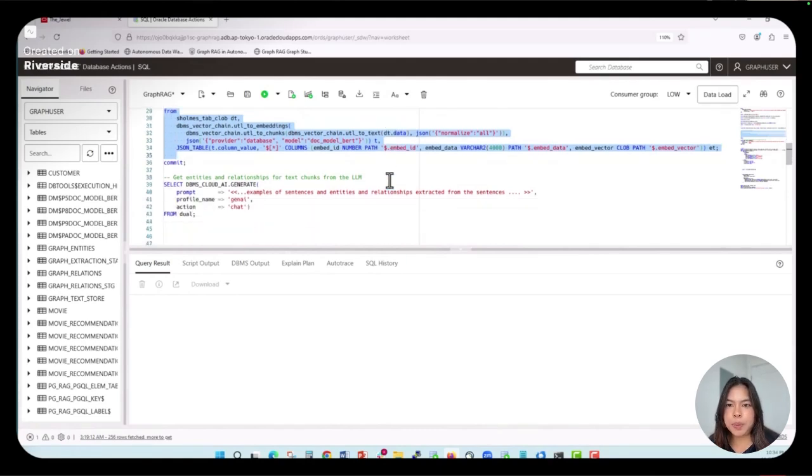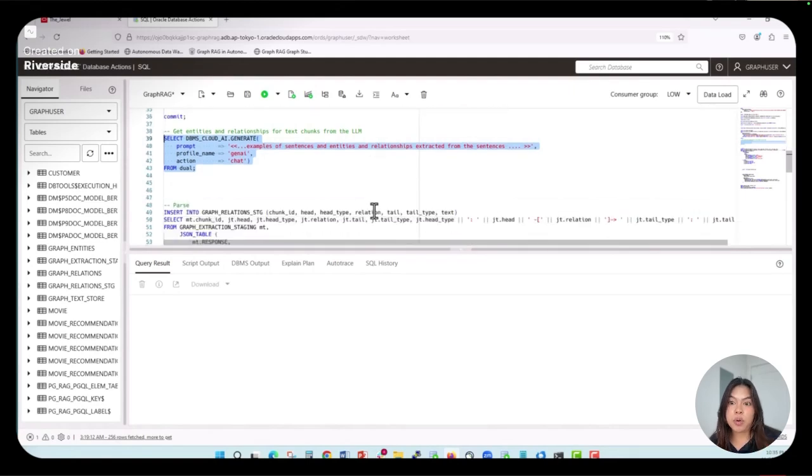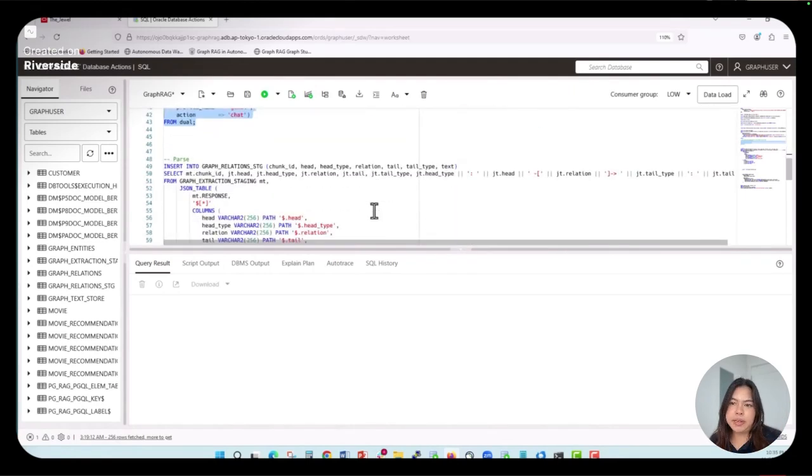The regular step. Next, we are going to call OCI Generative AI with a structured prompt to extract entities and relationships from those chunks. And to help the model get better returns, we're going to give it an example of an extraction, like a structure. So in this case, I want the structure to be, for example, Ramu works for Oracle, right? So entity, relationship, entity.